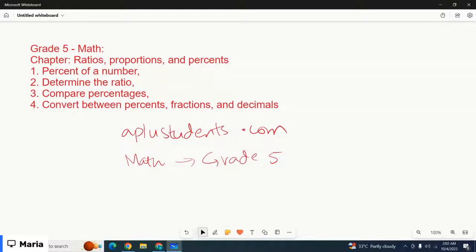So what do you know about the percent of a number? How do you calculate percent of a number? Okay, so what is percent of a number?